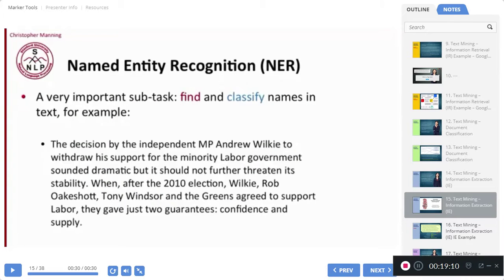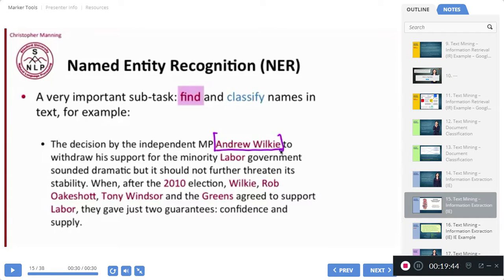Okay, that was information extraction. Let me now go on and look at a particular subtask that has become very important, named entity recognition. The idea of named entity recognition is that we're going to, in particular, just look for and classify names in a text. So the first step is we find names. Here we've then found a name, and in particular what that means is we're finding the limits of the name.